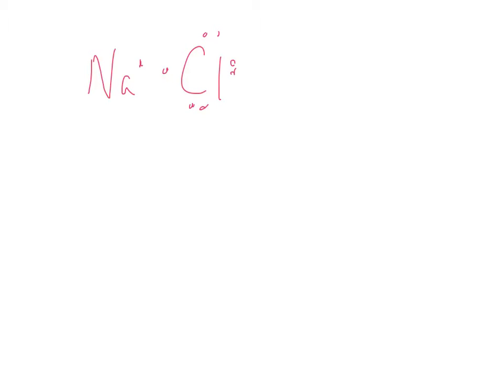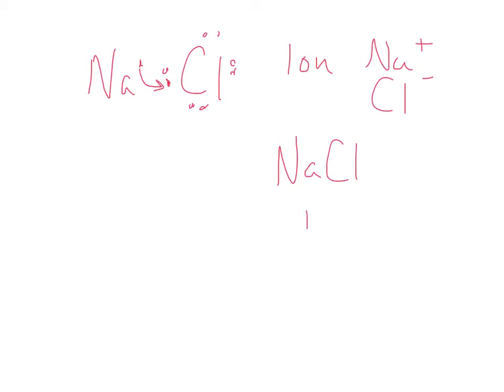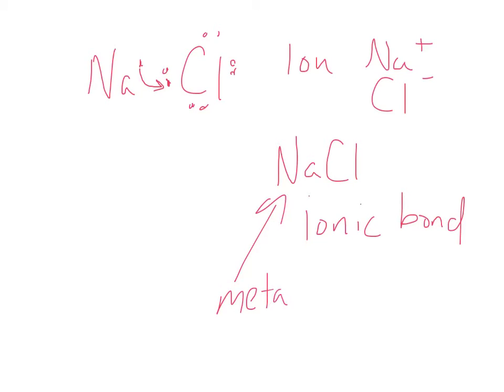The sodium will give its electron to the chlorine, thereby making each of these ions, the sodium being a positive ion, the chloride being a negative ion, and together as sodium chloride, they are forming what is called an ionic bond. And again, that is a bond between a metal and a nonmetal.